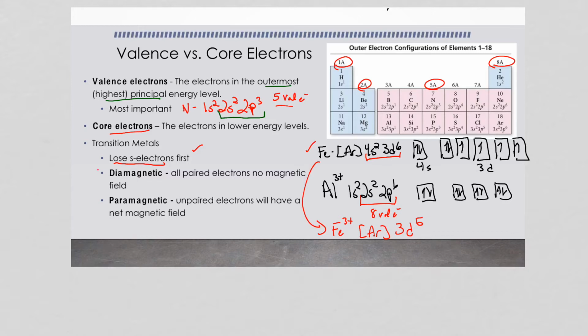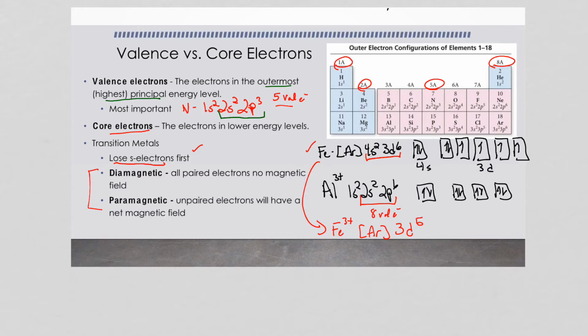Now, one thing that we can also do from looking at these electron configurations, and probably more usefully the orbital diagrams, is determine whether a species is what we call diamagnetic or paramagnetic. Diamagnetic means that all the electrons are paired, and so there's no magnetic field, because there are no unpaired electrons.